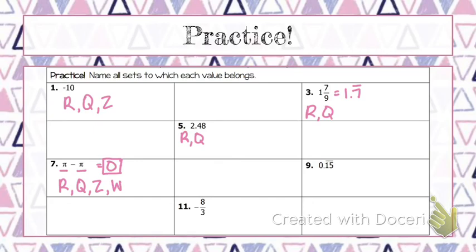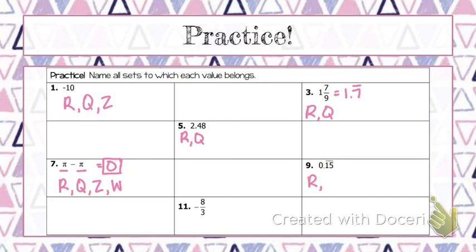All right, 0.15 repeating. Okay, so in your calculator, this would look like 0.1515151515, and so on. But we know it repeats, so we don't have to actually look at it like that. So repeating decimals, we know those are real.